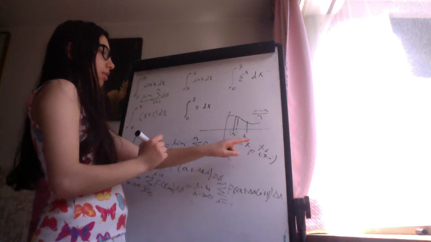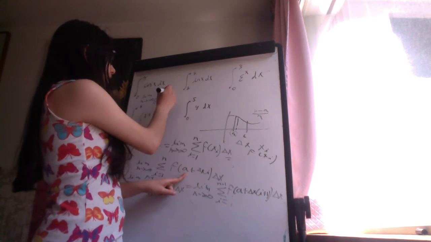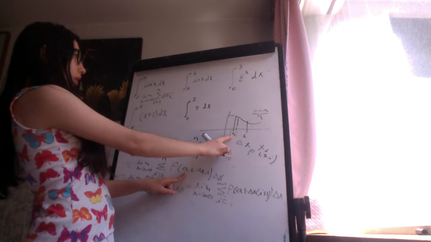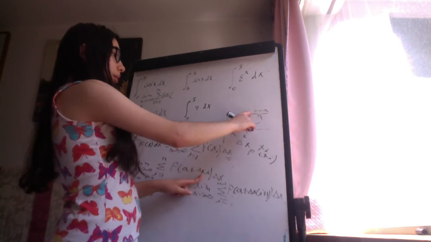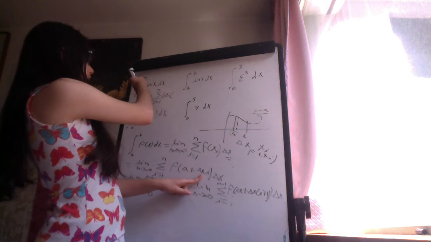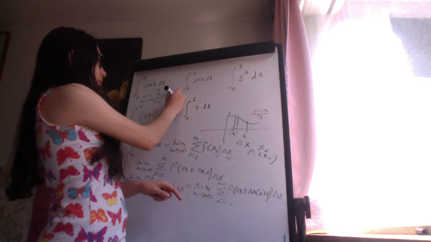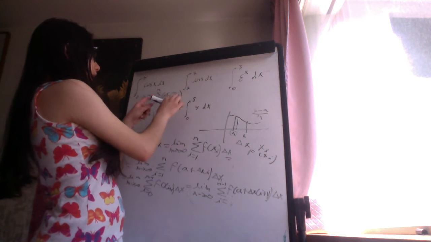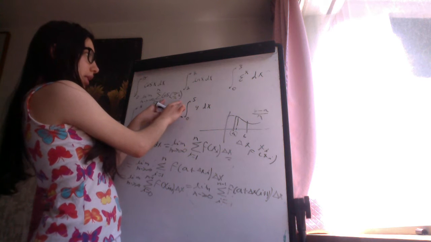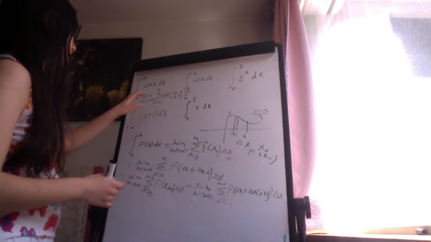Now what's x sub i? x sub i is a plus delta x times i. a is 0, because we are beginning from 0, so nothing. And delta x is b minus a over n, so pi minus 0 over n, so pi over n times i. And then everything times delta x, that is pi over n. So this is this one.